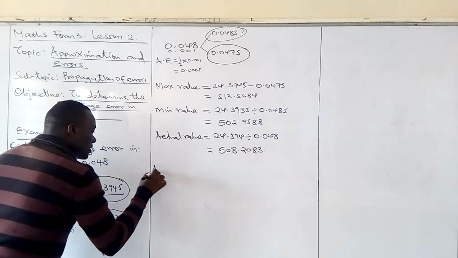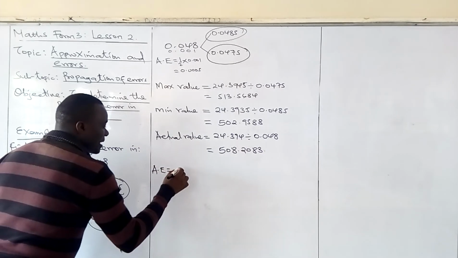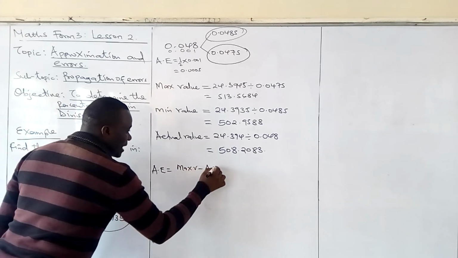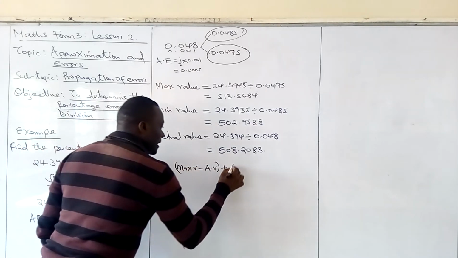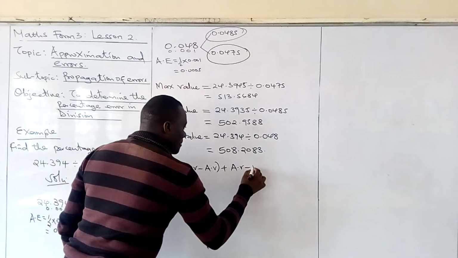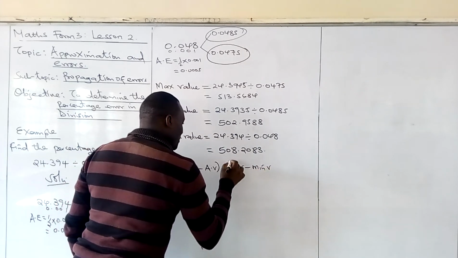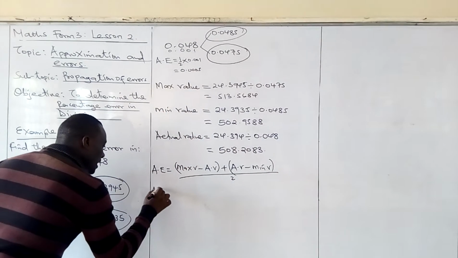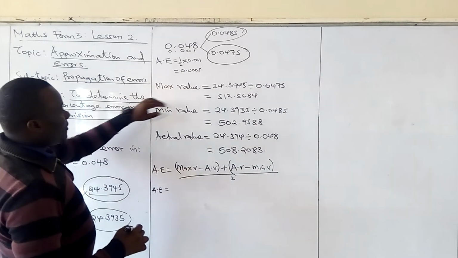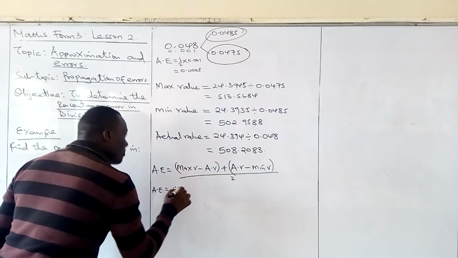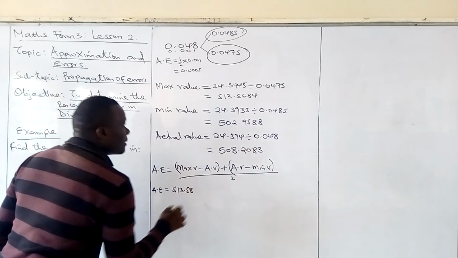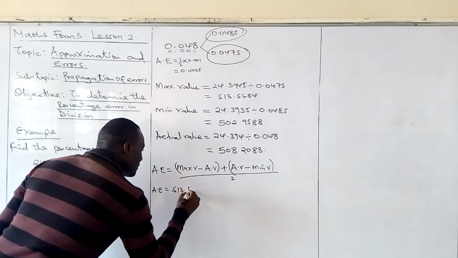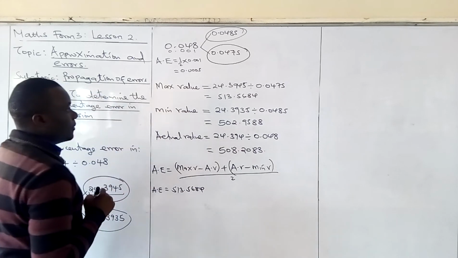Now let's go to the absolute error, which is the maximum value minus the actual value, plus the actual value minus the minimum value, then divided by 2. The maximum value is 513.5684.